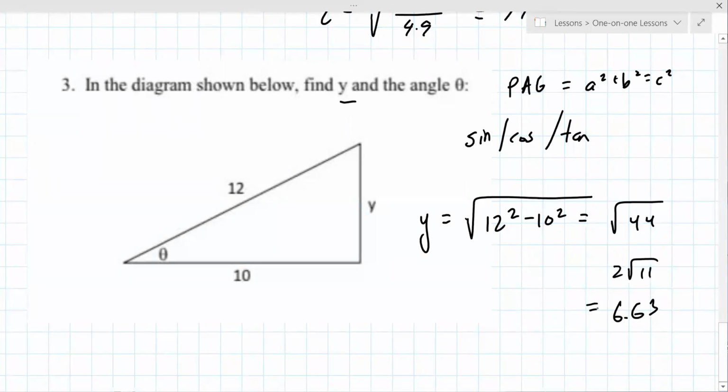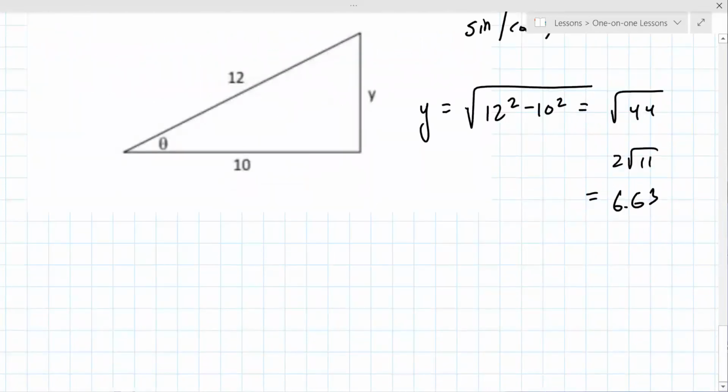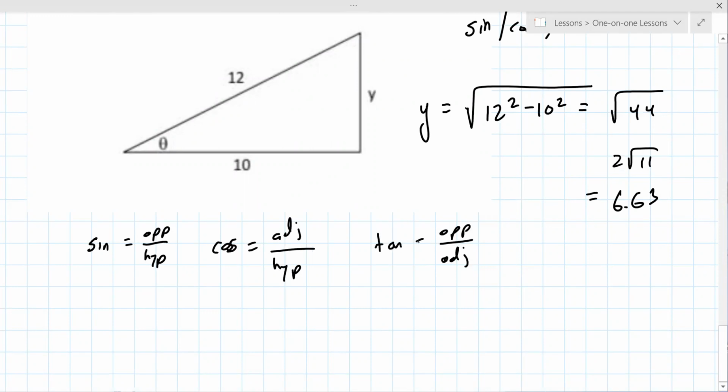Great. Now, to find the angle, you can use any of the trig functions, sine, cosine, or tangent, since you know all three sides. Let's review those. Sine is opposite over hypotenuse. Cosine is adjacent over hypotenuse. And tangent is opposite over adjacent.